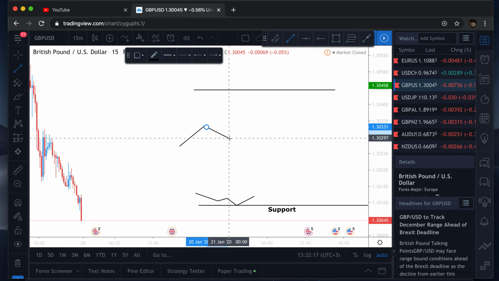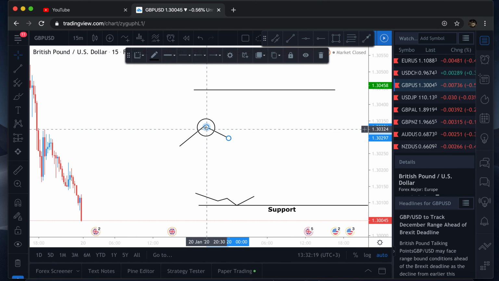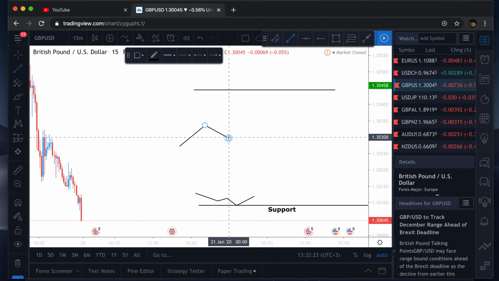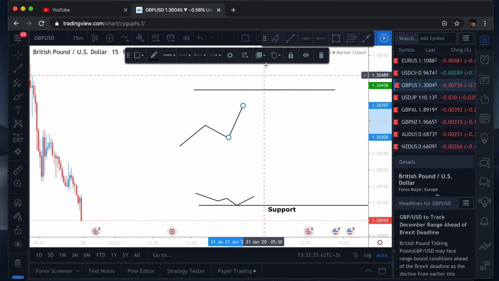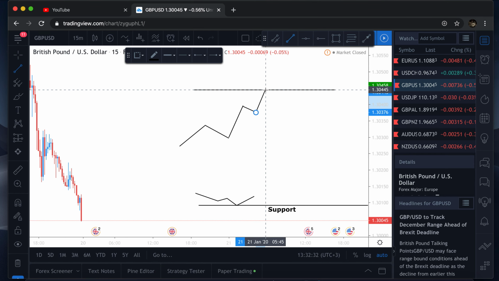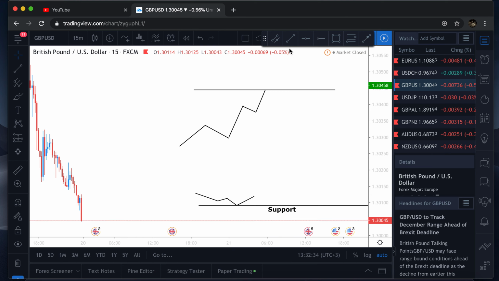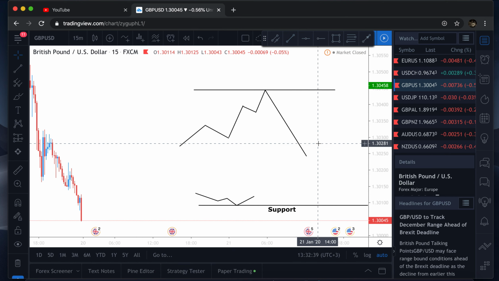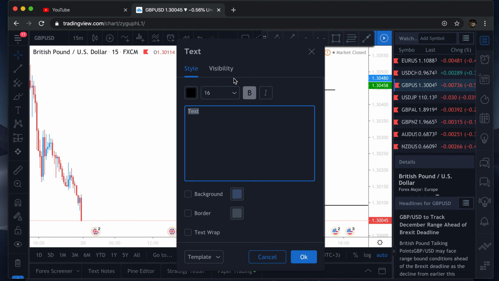The price approaches this area, sometimes really fast, sometimes really slow, and you expect the price to reverse from this area. So it comes up, touches this area of resistance, and then drops or reverses. Let me put a text here so you guys understand that this is the resistance.